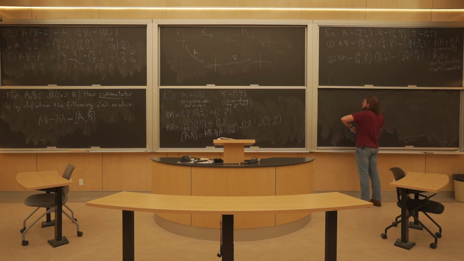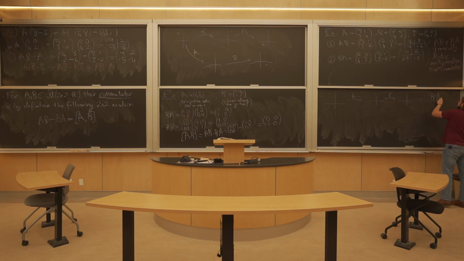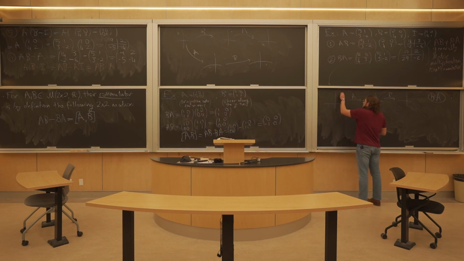Okay, let's look at first BA. First applying A means that I'm collapsing everything to the x-axis. All these lines are collapsed to the points of their intersection with the x-axis.